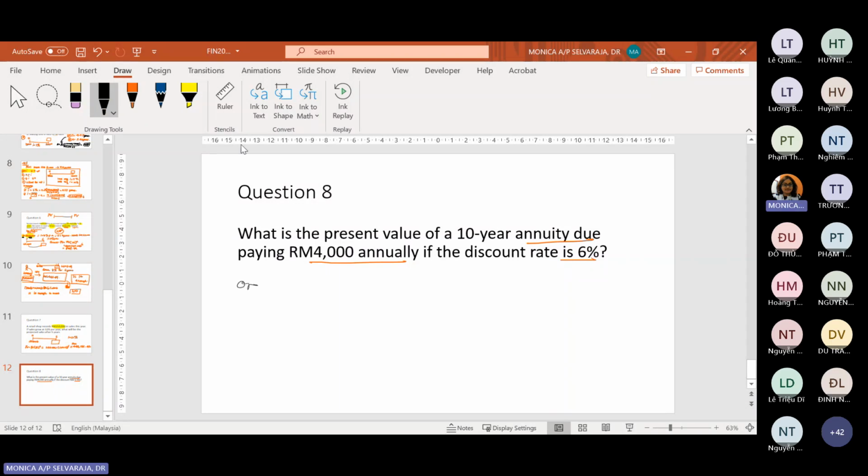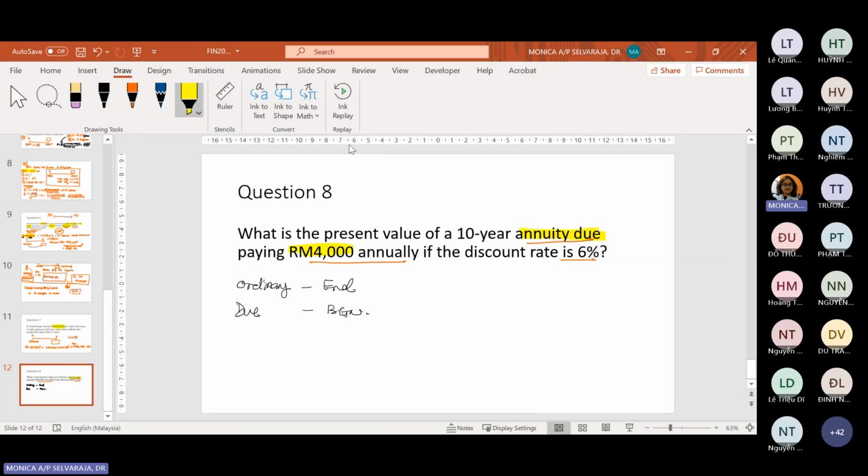We have ordinary, and then we have the due. Ordinary is the end of the period, due is the beginning of the period. So in this case, this is due, right? You can see from here, it's due.